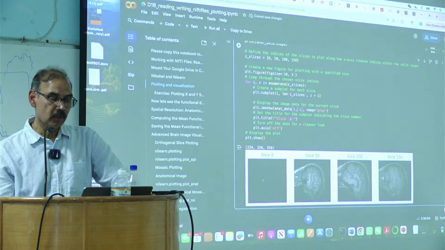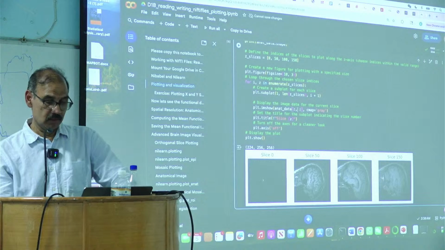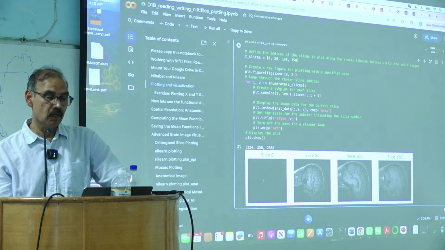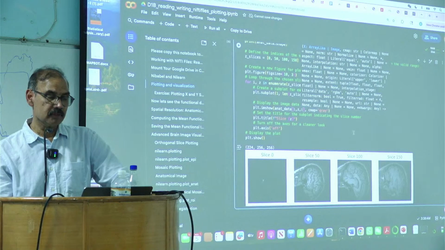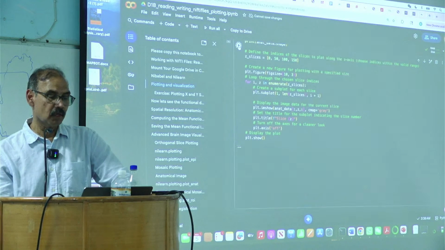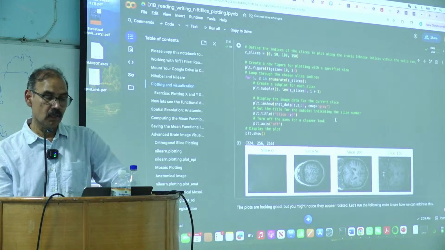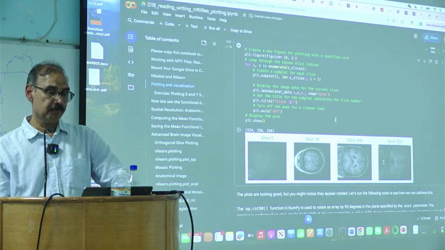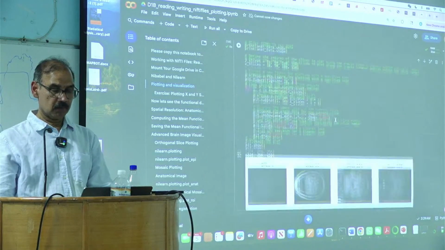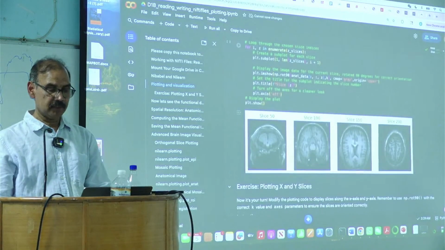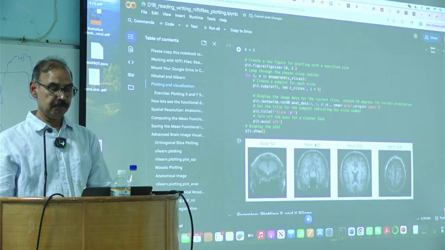Colon, comma, Z. Is this going to work? Okay, so these are coronal, right? Okay, now this is the anatomical, this is to rotate.